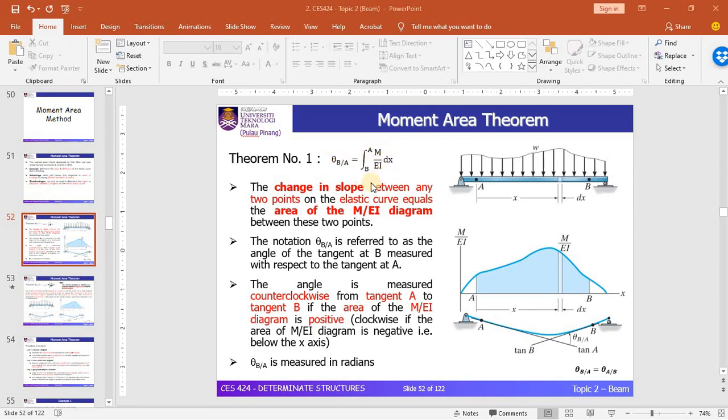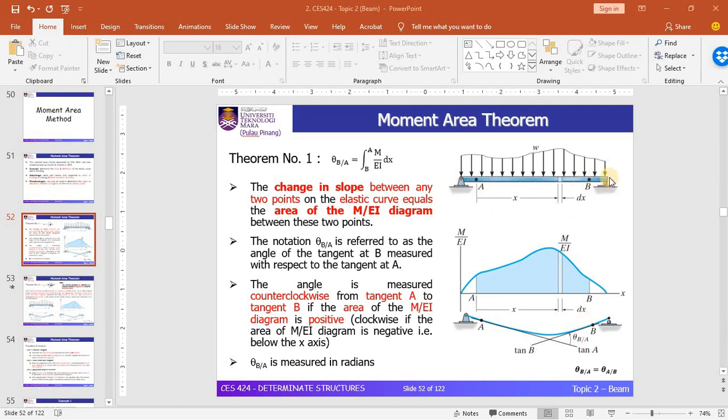To understand how we can use this equation, we need some explanation from this slide. The change in slope between any two points on the elastic curve equals the area of the M/EI diagram between these two points. This sentence can be explained by looking at this three-part diagram.